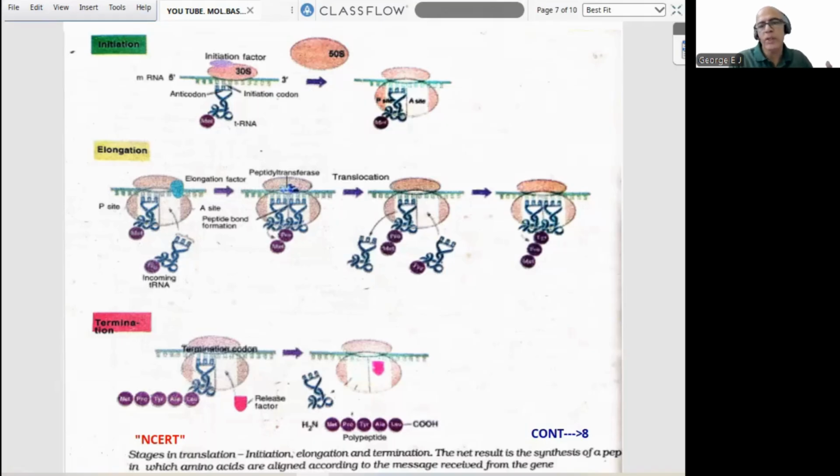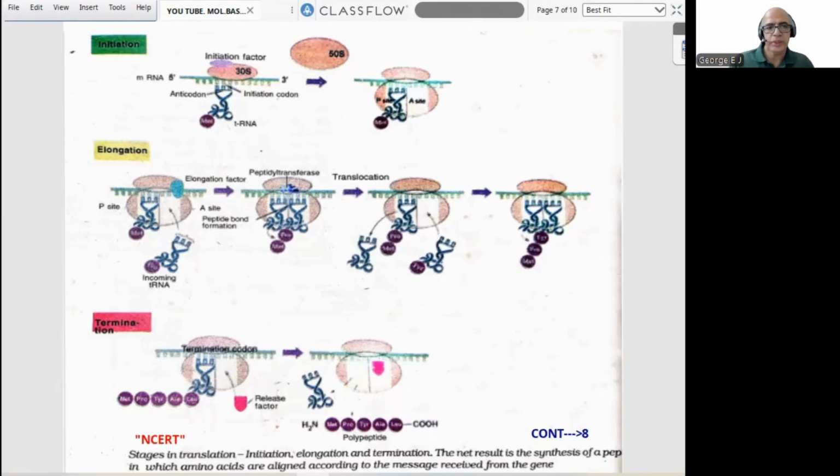And how will this amino acid sequence be arranged? The sequence of amino acids is dictated by DNA and is represented by mRNA. Translocation needs an enzyme called translocase: in prokaryotes it is EF-G, and in eukaryotes it is eEF2.